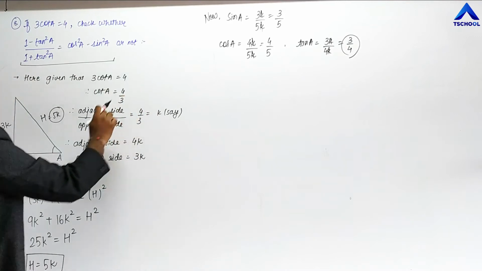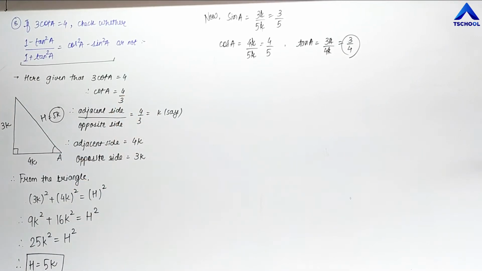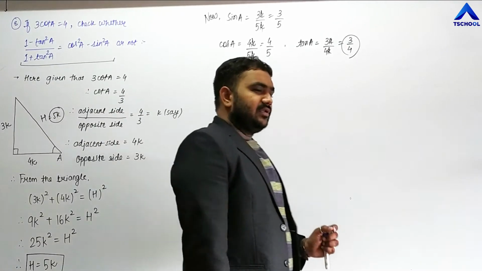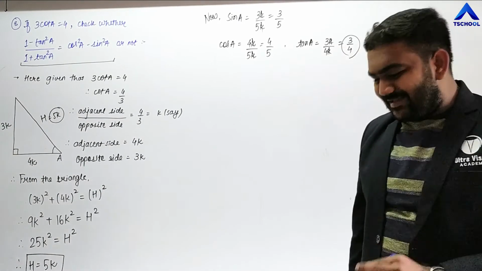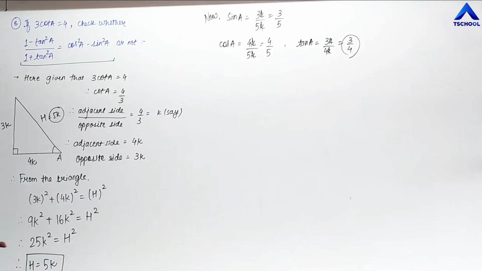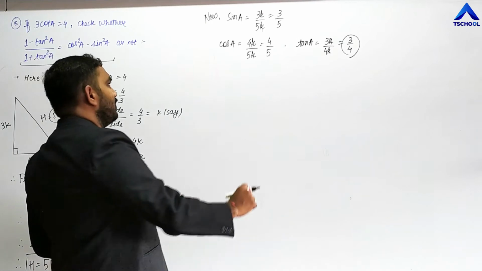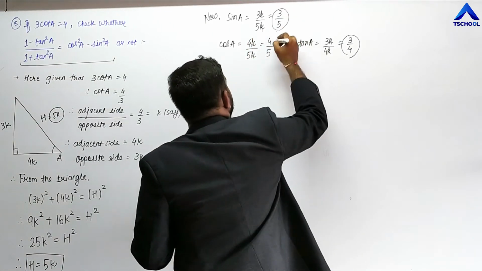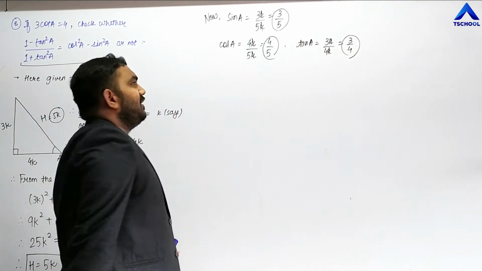We got cot A is equal to 4 upon 3, and hence that is verified that the ratio for cot A is reciprocal of the ratio of tan A, or the ratio of tan A is reciprocal of the ratio of cot A. So we got all of our three ratios, sin A, cos A and tan A.